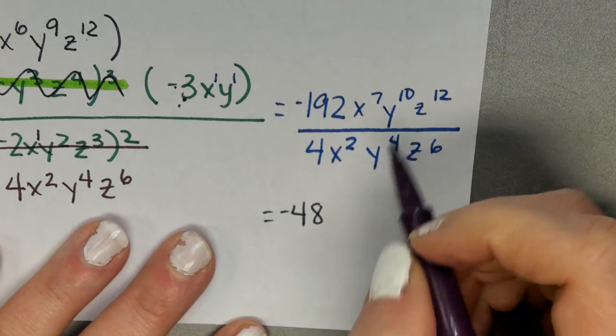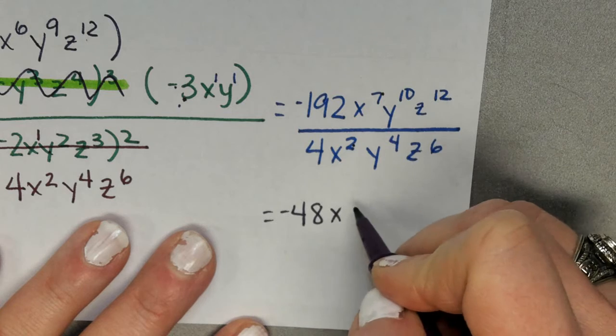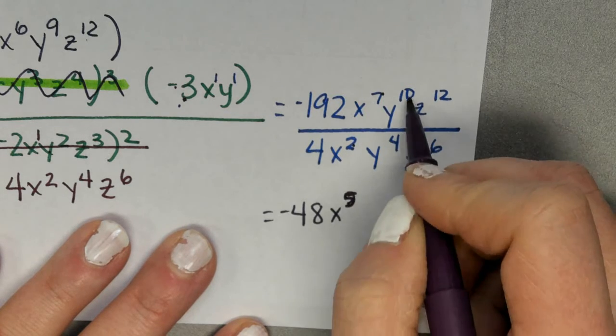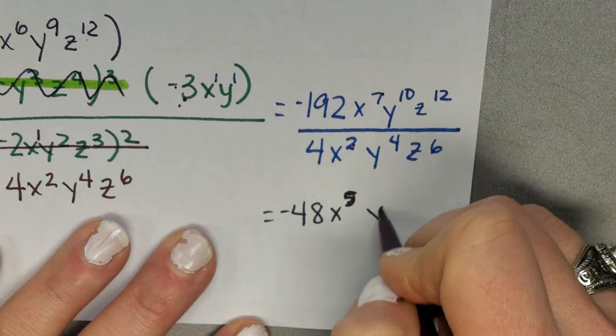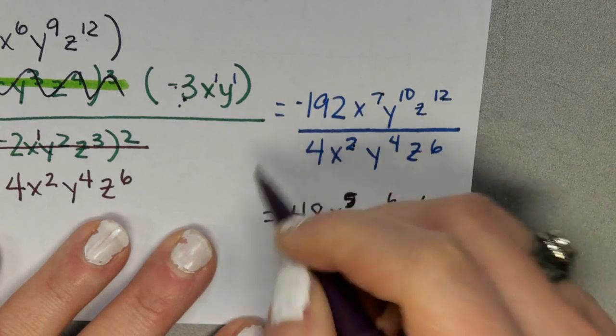Okay, and 7 minus 2, we're going to subtract those, remember we're dividing, is going to give us a 5, x to the 5. 10 minus 4, y to the 6th. 12 minus 6, z to the 6th.